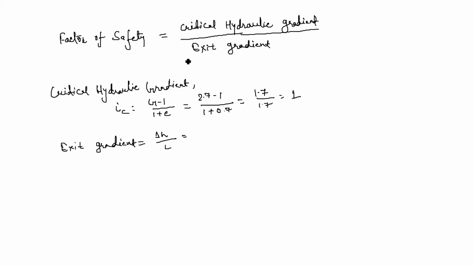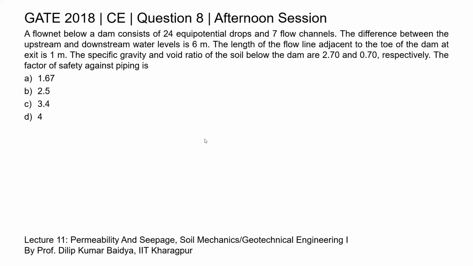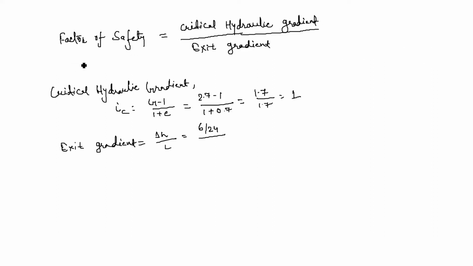So you can write the head available is 6 divided by 24 at the toe, and the length of this flow line at the toe or at the exit is also given as 1 meter. So this will be 1 meter. So it will be 1 by 4.